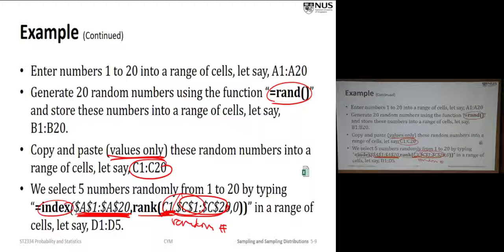So I pick the rank of the first number in this range, according to ascending order. Then this command is applied to these 5 cells, so that for each entry D1, D2, D3, D4, D5, I get this command.